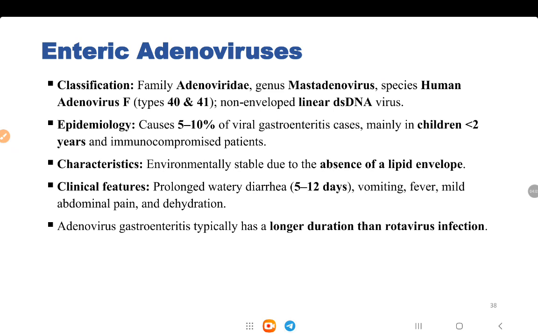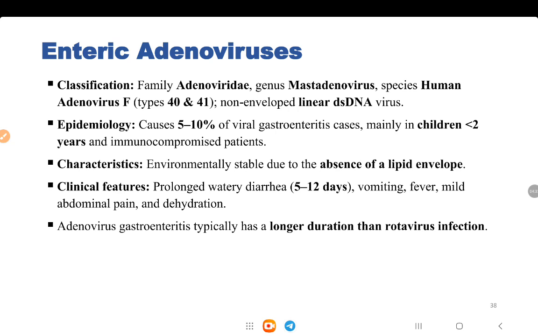They are non-enveloped linear double-strand DNA viruses causing 5 to 10% of viral gastroenteritis cases worldwide, mainly in children under 2 years and immunocompromised patients. They are environmentally stable due to the absence of a lipid envelope. As you know, non-enveloped viruses are more resistant to environmental factors.